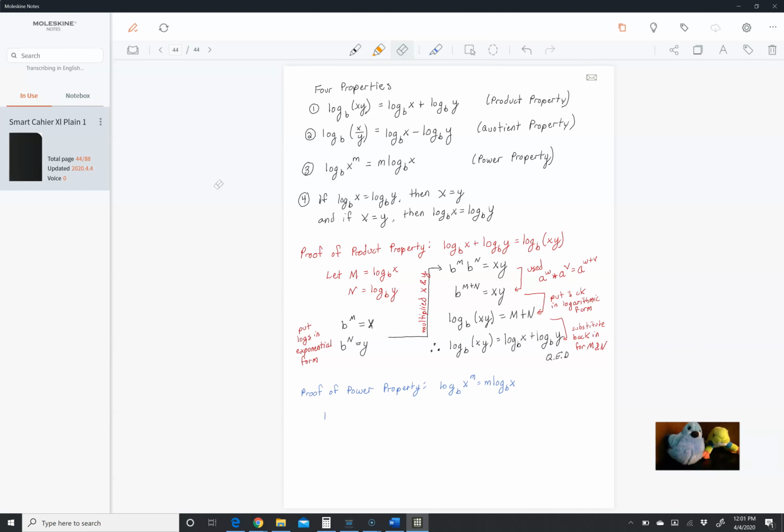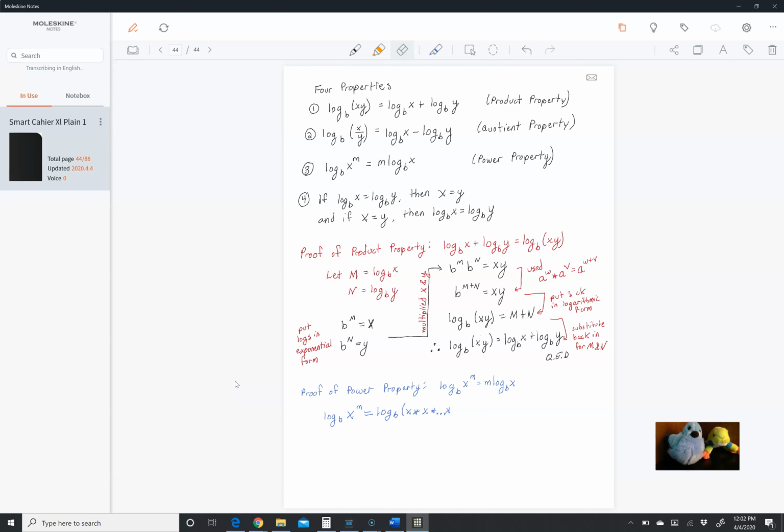So we could say log base b of x times x times x, and I'm just going to write it so that we can say that this is equal to log base b of x to the m, so that it's clear.